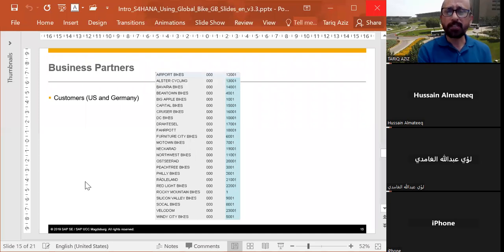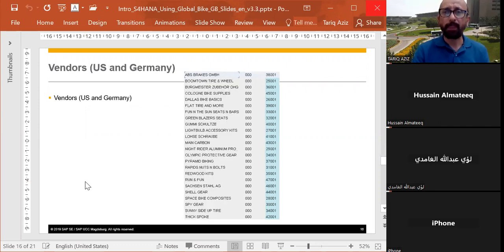We have customers. We have customers in the US and customers in Germany. Customers are the ones who are purchasing bicycles from us, or purchasing accessories or trading goods from us. So those are the customers. We have some customers in the US, we have some customers in Germany. Similarly, we have vendors in the US and vendors in Germany.